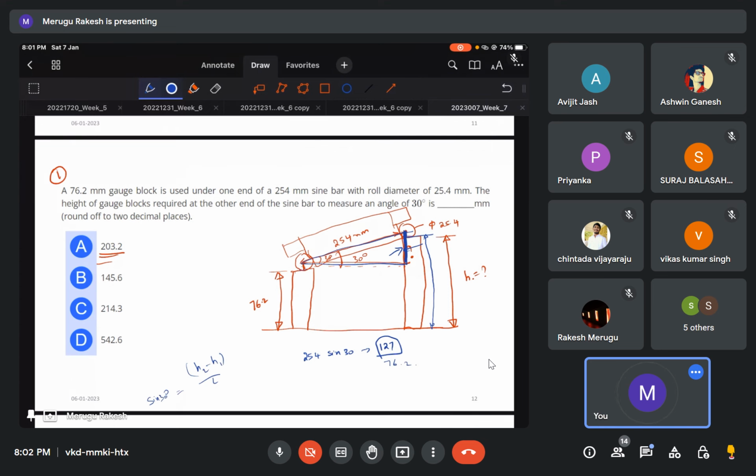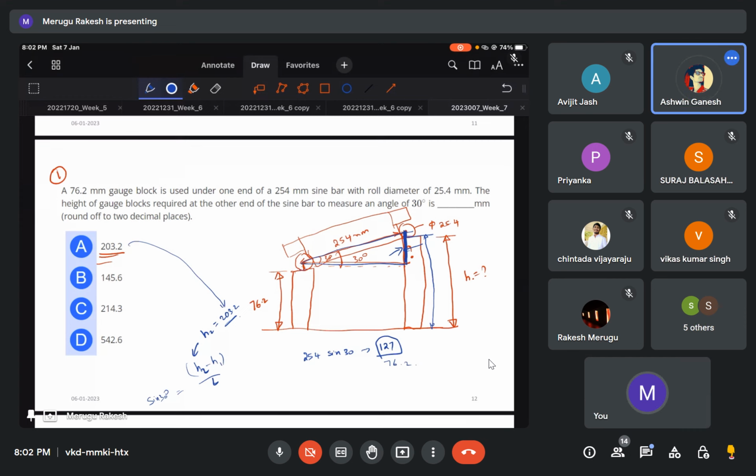Here L is 254. We don't know the value of H2, so if you do it, you are getting 203.2. Yes, okay, that is also fine. I just wanted to show it in this example. That's it.